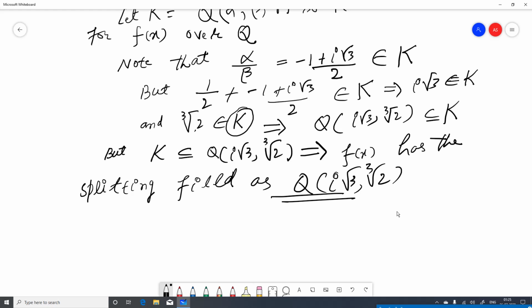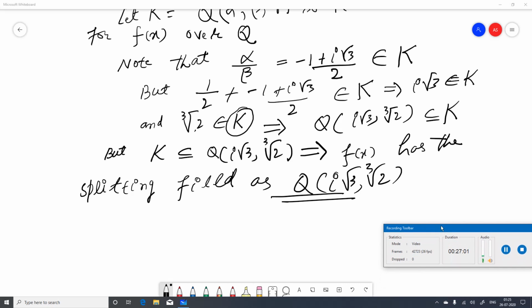So similarly, we can find the splitting field of other polynomials. So we stop this lecture here. In the next lecture, we shall discuss the existence of the splitting field of a polynomial and the degree of extension of its splitting field.